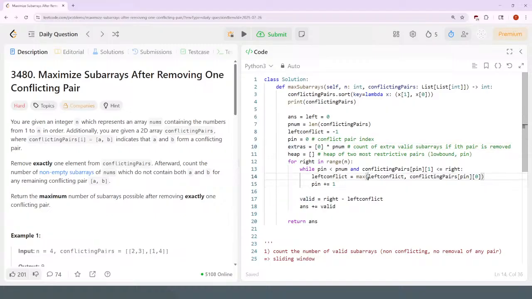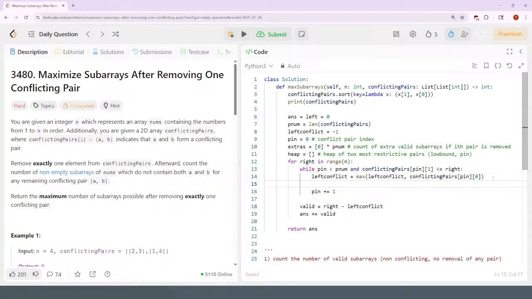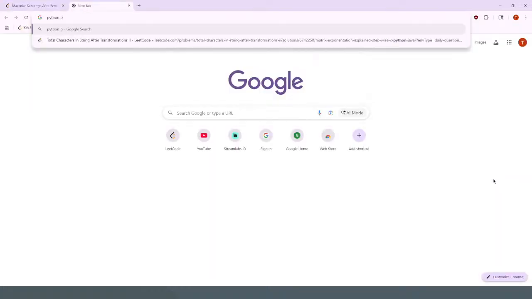So I think here, while going through every pair that's in conflict for this right, I need to do something like heap dot append, no, sorry, heap push. Actually, maybe I can do heap push pop. I guess heap push pop.